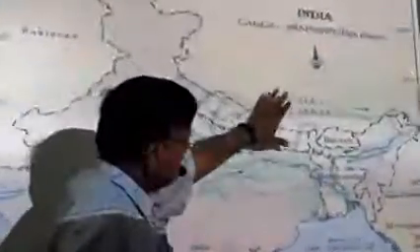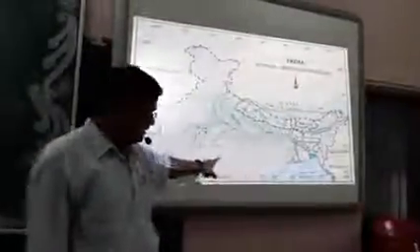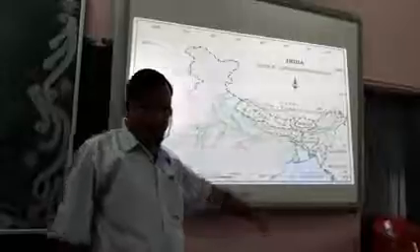The Ganga flows from the west towards the east and joins the Bay of Bengal, whereas the Brahmaputra comes from the east and joins the Ganga, and both join the Bay of Bengal. Here there are the northern mountains and the plain area, and the delta region of the Ganga and Brahmaputra in West Bengal and Bangladesh. These are the features of this basin.